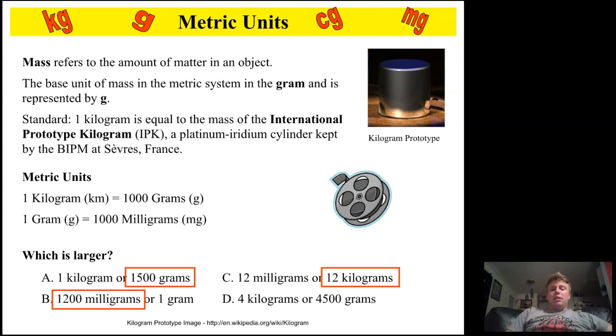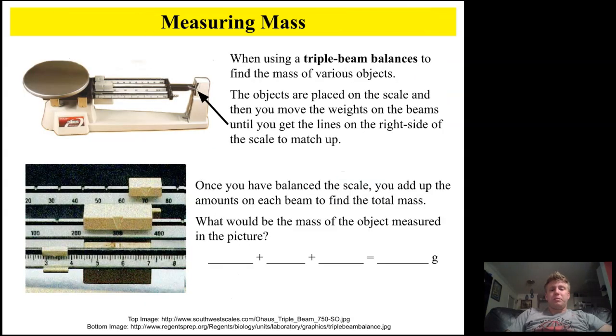Letter C compares 12 kilograms to 12 milligrams, and 12 kilograms is larger. And then finally, letter D, 4 kilograms versus 4,500 grams, and 4,500 grams is in fact larger.